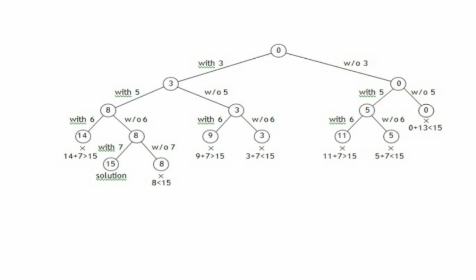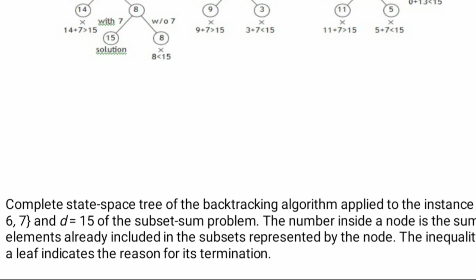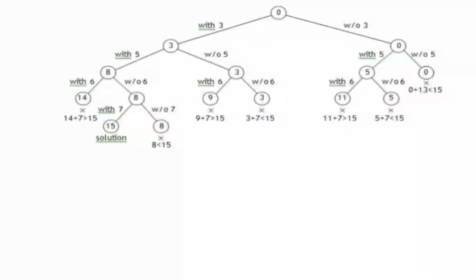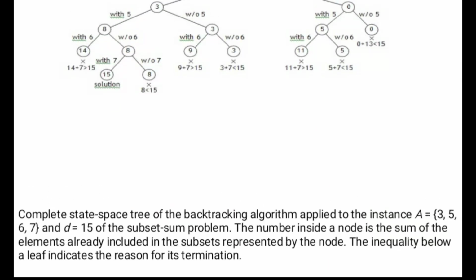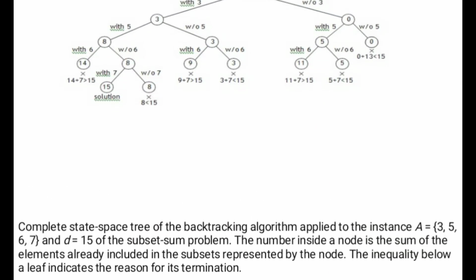So the elements of this subset are 3, 5 and 7. This is how the state space tree is constructed for this sum of subset problem.